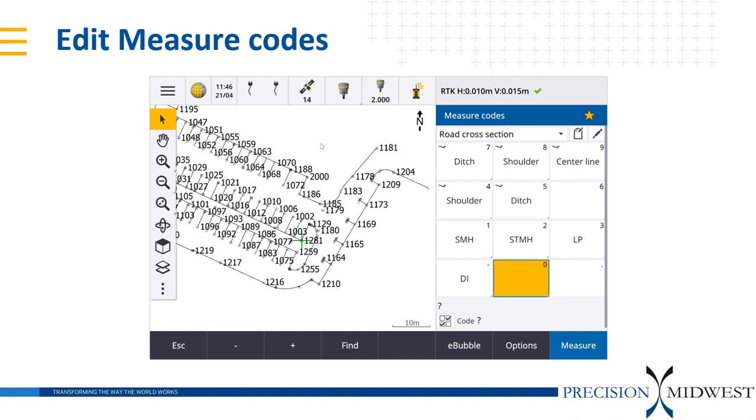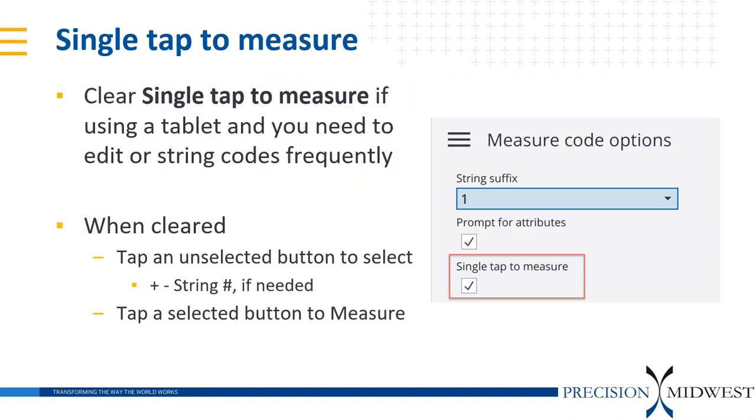And again, you have boxes open to add additional codes. Single tap to measure. So clear single tap to measure if using a tablet and you need to edit the line strength frequently.